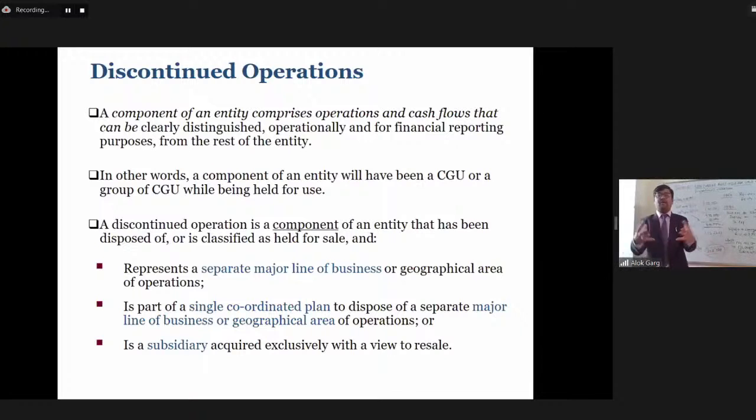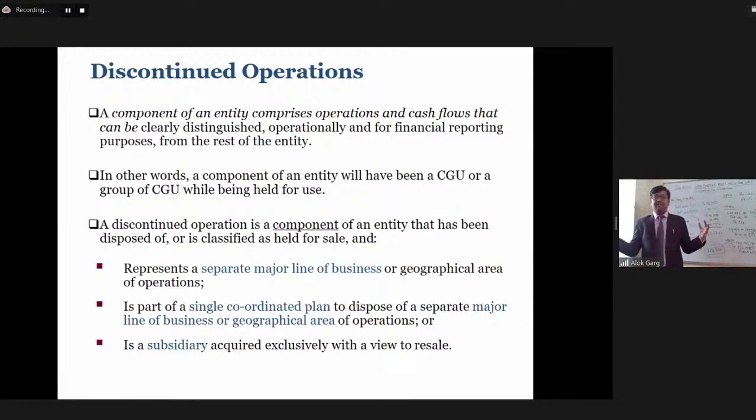It is a single coordinated plan to dispose of a separate major line of business or geographical area of operations. For example, the company has some outlets, and the company has decided that we will wind up all the outlets in North India. What does it mean?